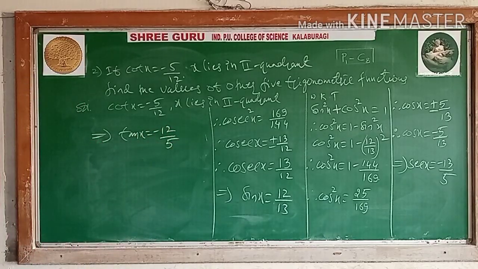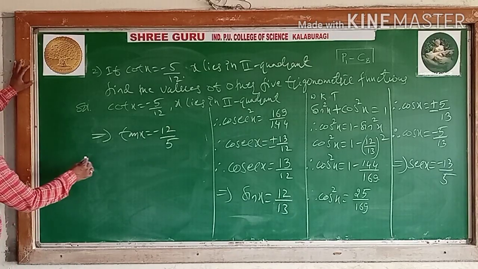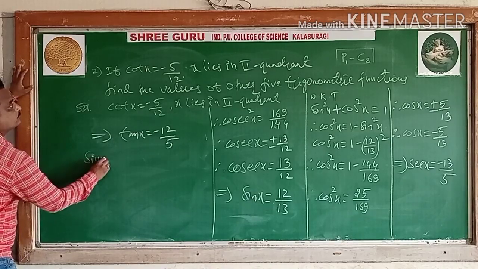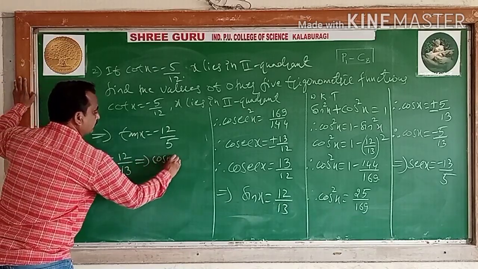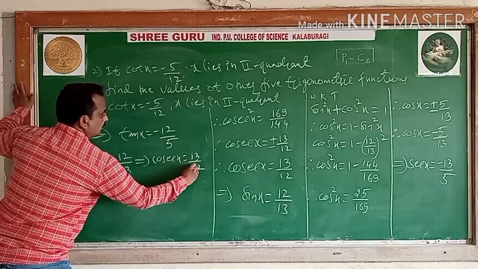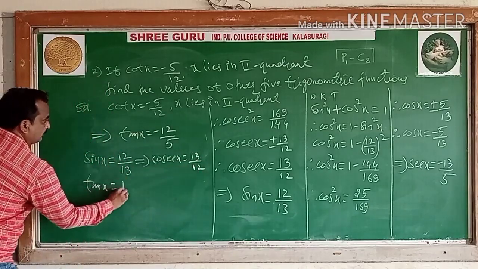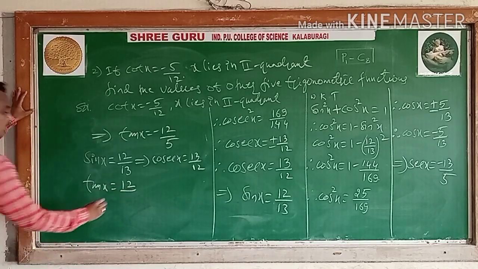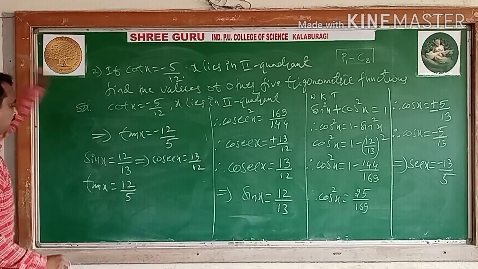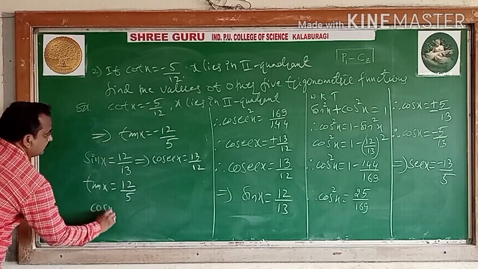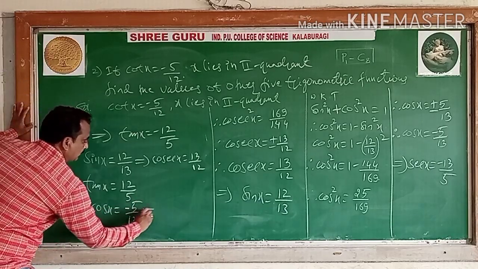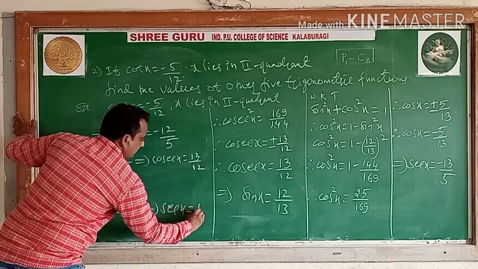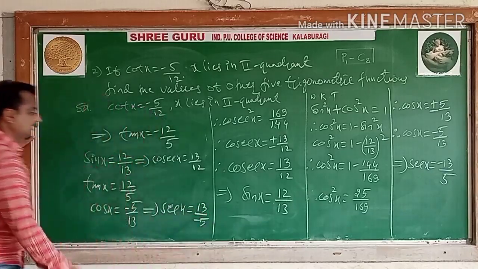So you may write all the 5 functions at a time here, students. Sin x is 12 by 13, cosecant x is 13 by 12, tan x is minus 12 by 5, cot x is minus 5 by 12, cos x is minus 5 by 13, and the reciprocal of cos, sec x, is 13 by minus 5.